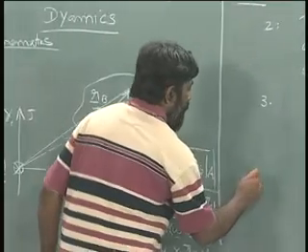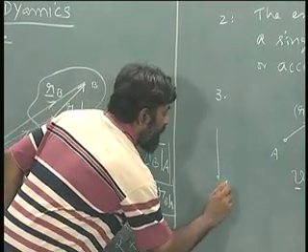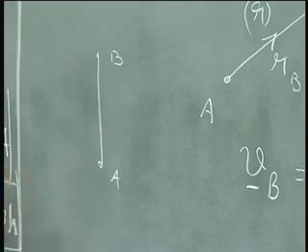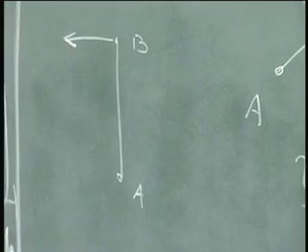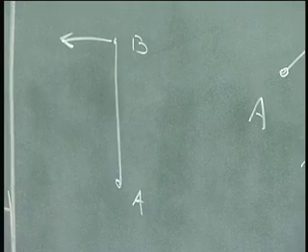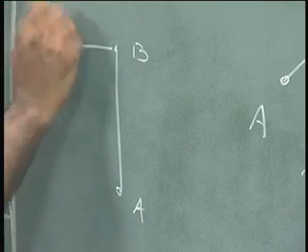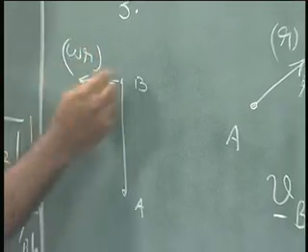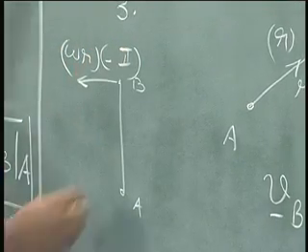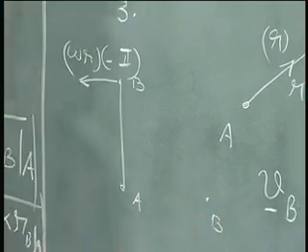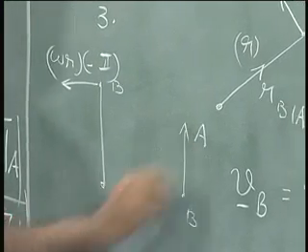For example, if I had something like this, A here and B here, I know the direction of velocity is like this, if omega is the angular velocity. This is omega times r times, if this is the direction, let us say this is minus I. Suppose B were here, then it would have been like this.